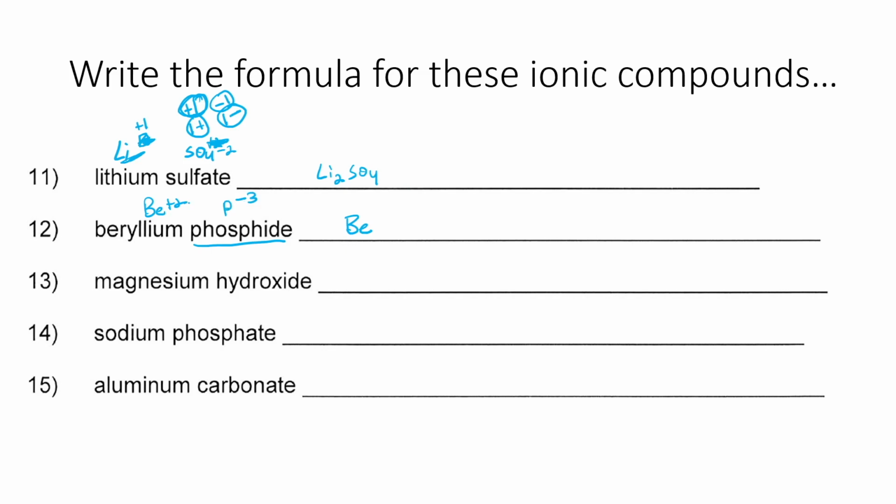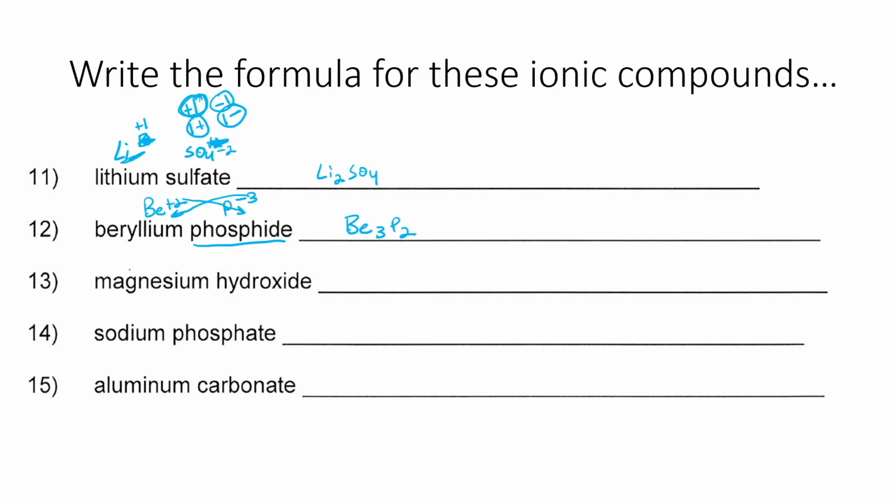This is one of those where it's easy just to crisscross. The 2 goes over to the phosphorus for the subscript, and then the 3 goes over to the beryllium as a subscript. And so that means that our formula is going to be Be3P2, just like that.